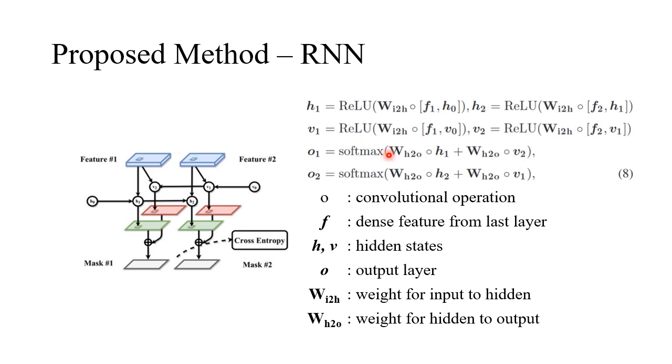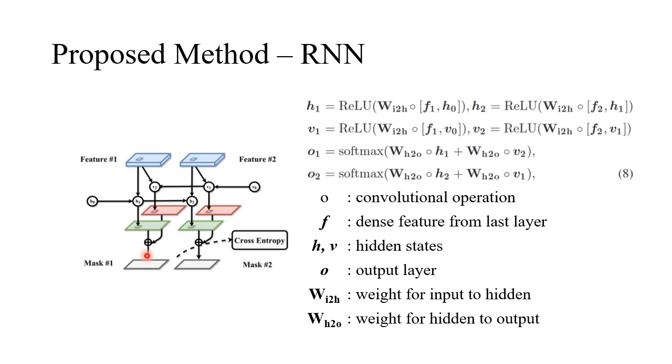In RNN, the network will learn both spatial and temporal information, and it uses a bidirectional recurrent convolutional network. As shown in the figure, the hidden state and the output layer can be obtained by the equations on the right-hand side, and the initial weights are all randomly initialized.